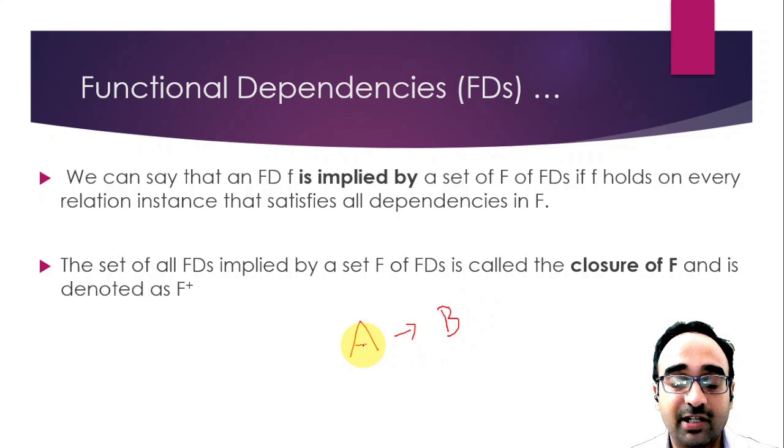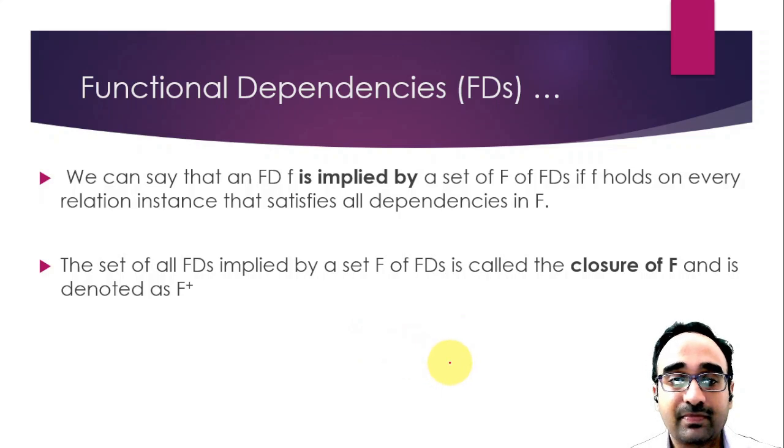They can be one attribute or more attributes, on either side. You read A to B as A derives B, or B is functionally dependent on A.